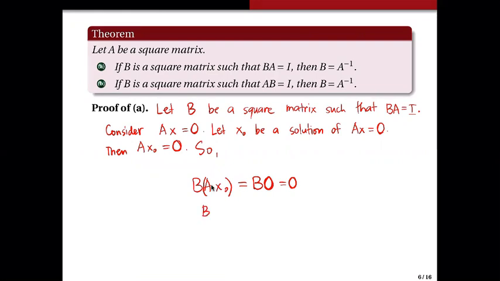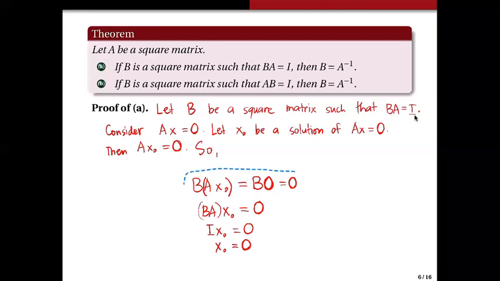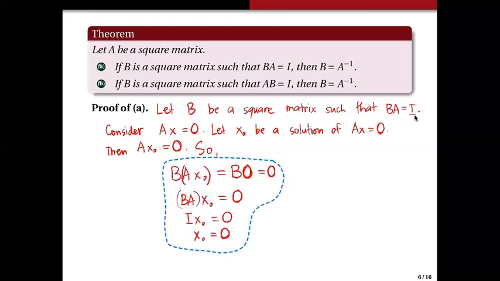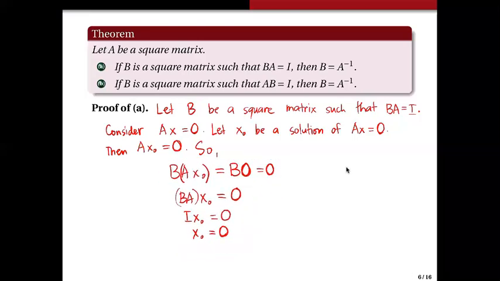We'll have BA times x sub 0, and this is the 0 vector. But BA is equal to the identity matrix, which means this is just I x sub 0. And therefore, x sub 0, now we know, is just the 0 vector.